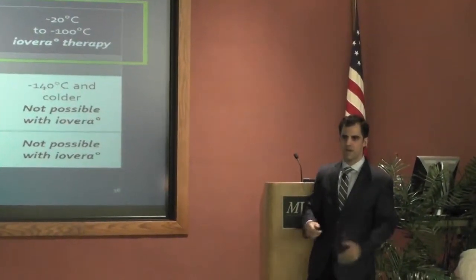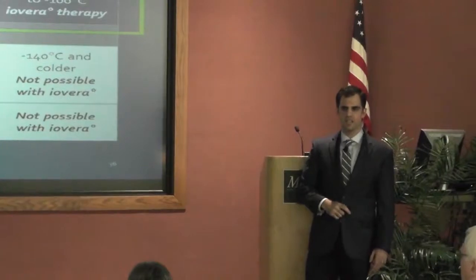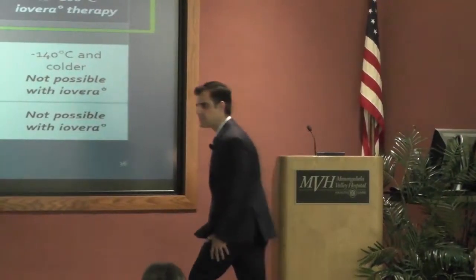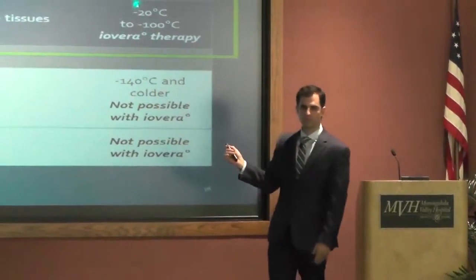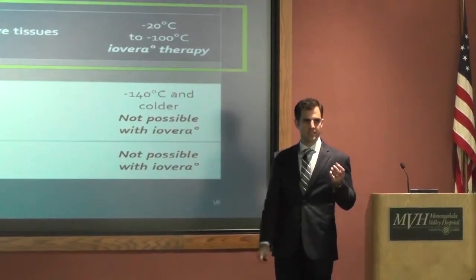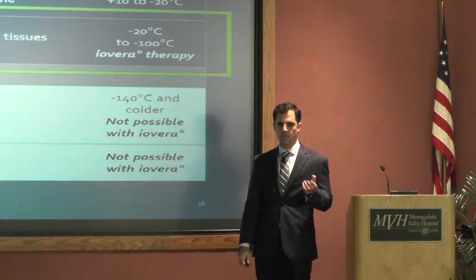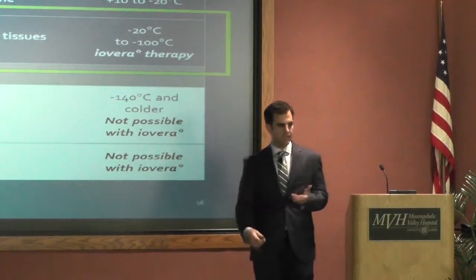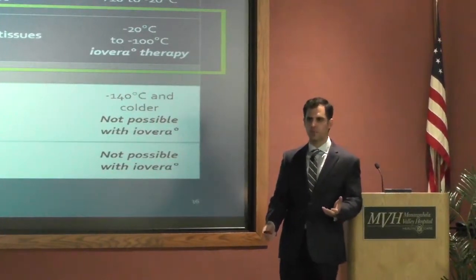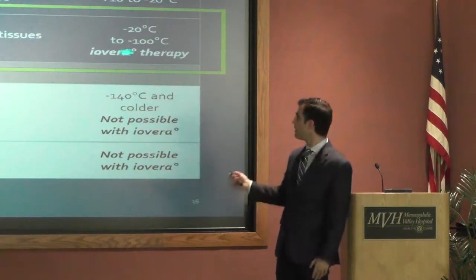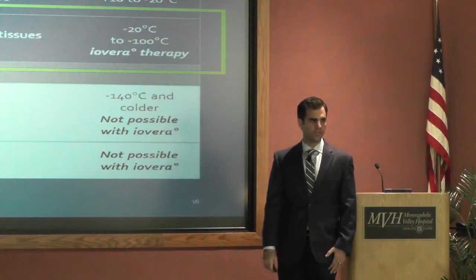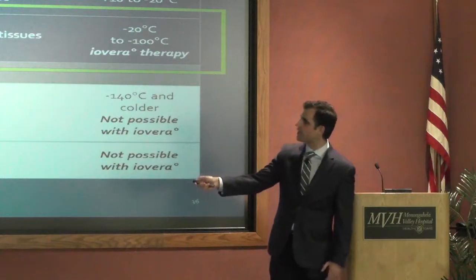Typically minus 60 to minus 80. The good thing about this is, it can't get colder than this, because it's the liquid nitrogen. The liquid nitrogen is what is making the needles cold, and a physical property of the liquid nitrogen is it cannot get colder than minus 80. So that keeps us in this range right here.